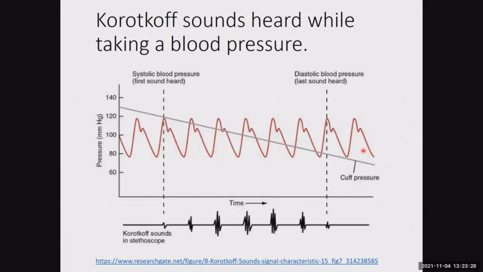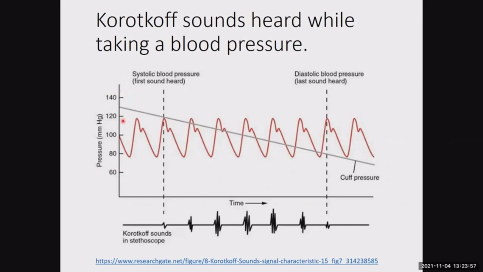Now, as I mentioned, the Korotkoff sounds are what we're listening to when we're hearing the blood pressure. On this graph, we've got blood pressure along the y-axis: 60 millimeters of mercury here, 140 up here. 140 is higher than the traditional way of describing a normal, or at least stereotypically normal, blood pressure.